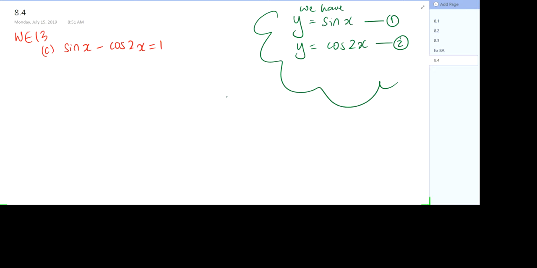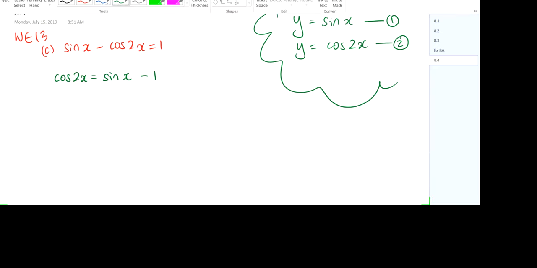So let us keep cosine 2x. In other words, let us make cosine 2x the subject. Making cosine 2x the subject, we end up with sine x minus 1.